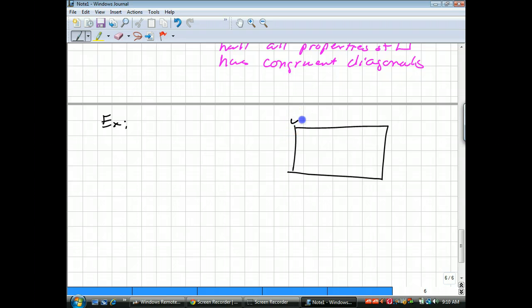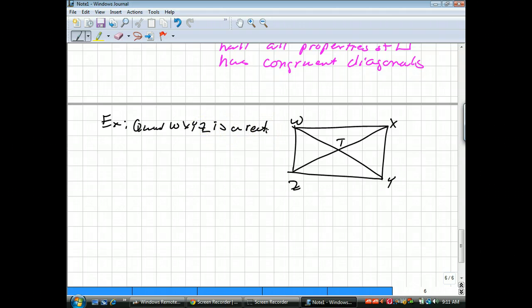Okay, so this is W, X, Y, and Z. And we have these diagonals that intersect at T. And this is a rectangle. So quad WXYZ is a rectangle.